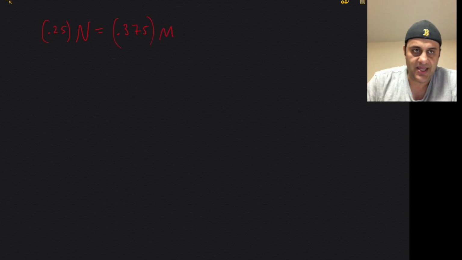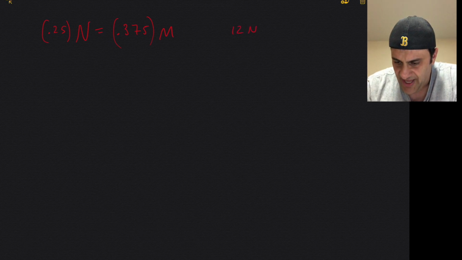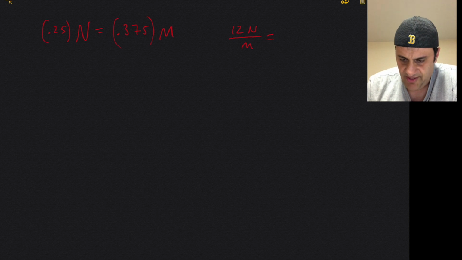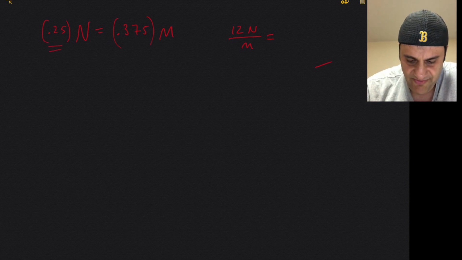And then it's asking, what is 12n over m? So let's get all of the variables on one side. Let's get n and m on one side. The way I like to do this is 0.25 is just like 1/4, right?